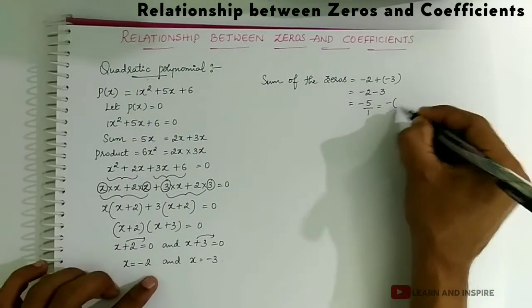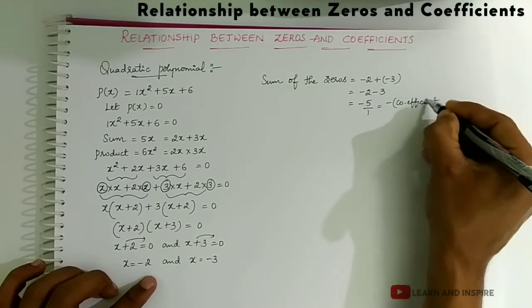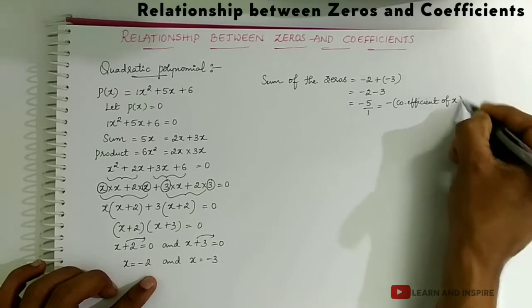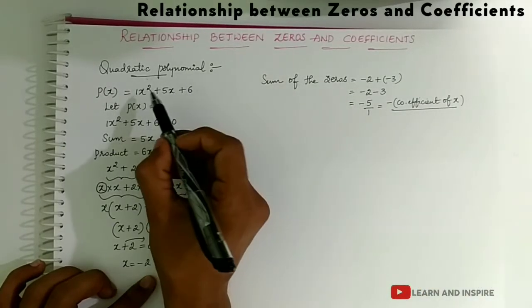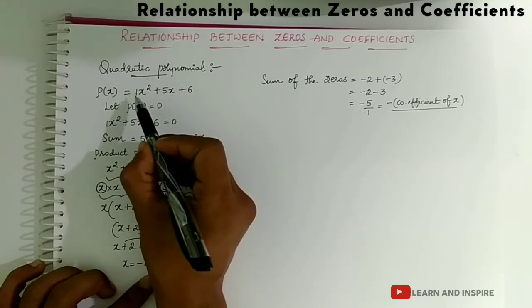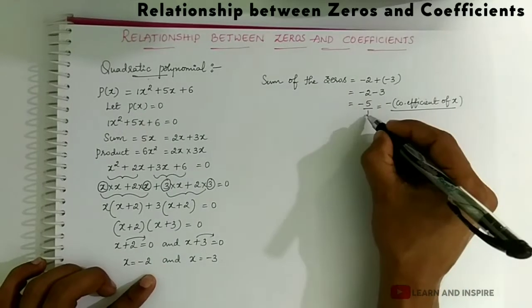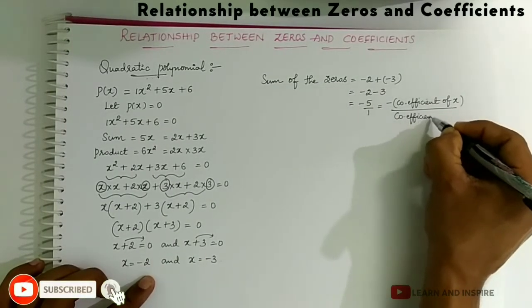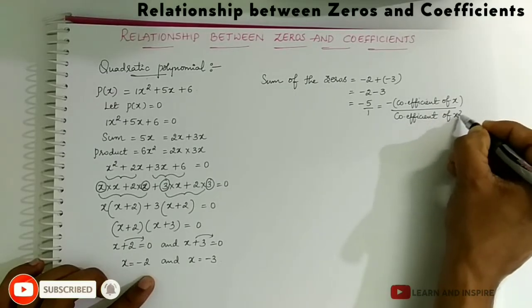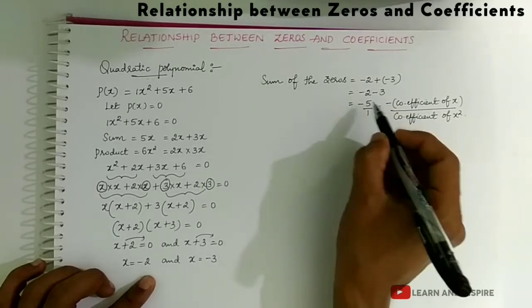So I write minus coefficient of x divided by 1. And what is 1 in the quadratic polynomial? 1 is nothing but the coefficient of x square. So 1 represents the coefficient of x square. Okay, so this is the sum of the zeros.